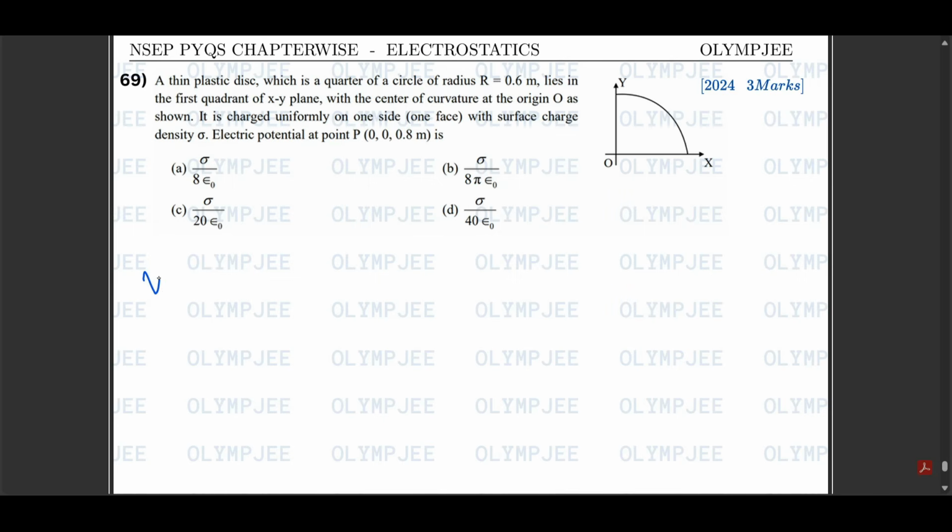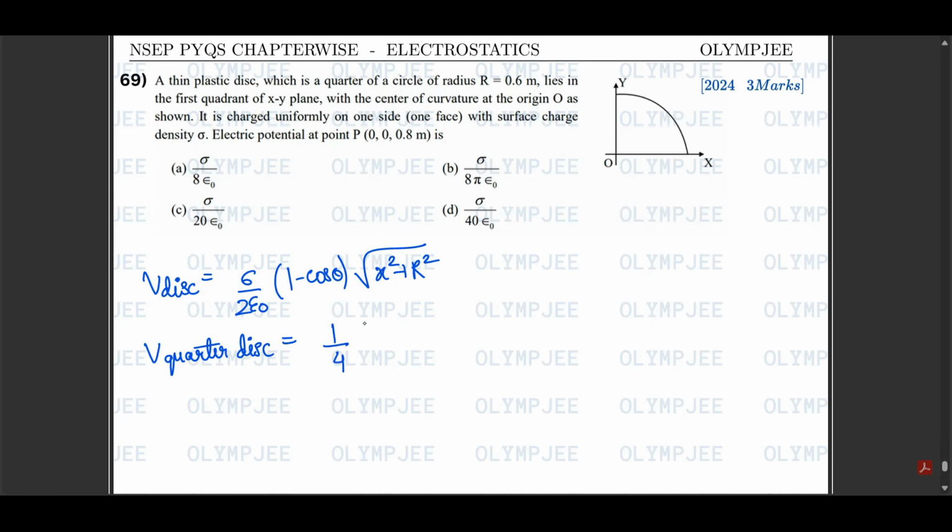So we know that due to a disk, the potential is this, right, and due to a quarter disk it will be 1 by 4 of this, because potential is a scalar quantity and we don't have to deal with directions, so we can have an intuition that it will be 1 by 4 times.